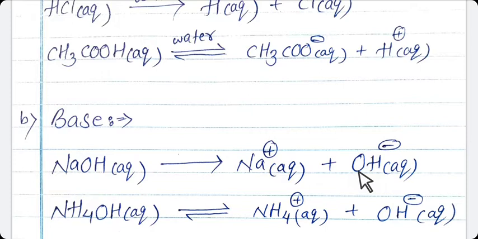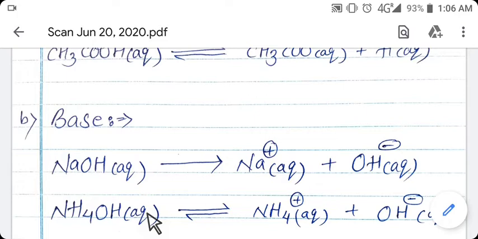Here again two examples are there. First example is NaOH, sodium hydroxide. As you have seen, single-headed arrow, strong base, gives OH minus ion, meaning hydroxide ion. Same here, ammonium hydroxide, double-headed arrow, gives hydroxide ion.